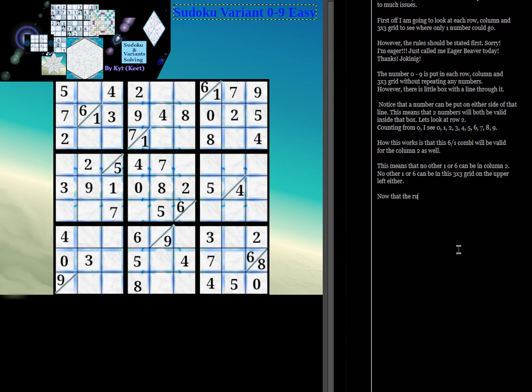Now that the rules have been established, we will go over to the far right 3x3 grid and fill in the 3.